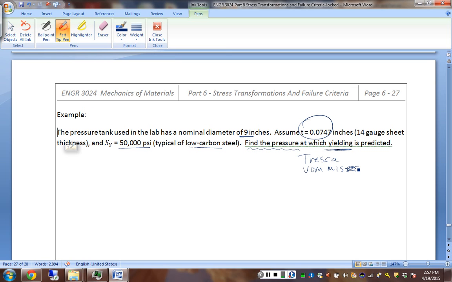failure criteria. So to use a failure criteria, we first have to figure out what the stresses are. We know that for a thin-walled pressure vessel, the hoop stress is the pressure times the radius over the wall thickness. And the axial stress in this cylindrical pressure vessel is the pressure times the radius over 2 times the thickness.